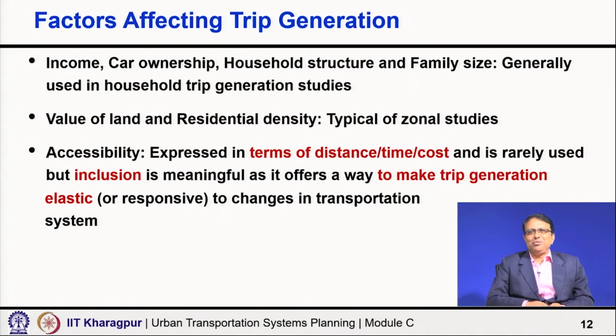It may change, but the impact of the transportation system on trip generation is expected to be a little lower than the impact on choice of mode or choice of routes and other things.